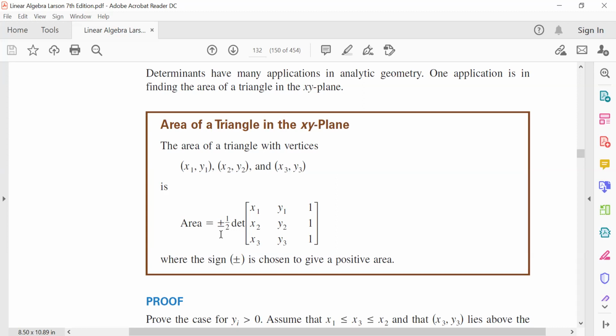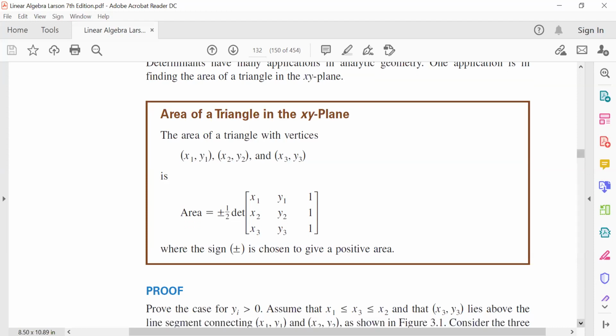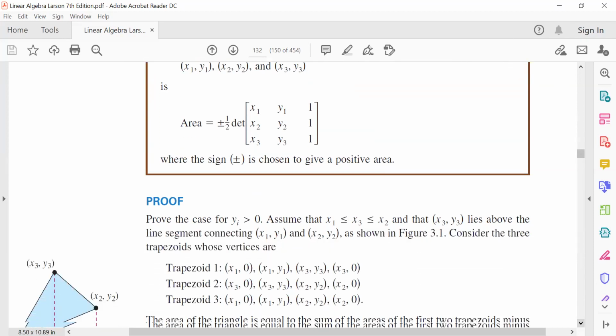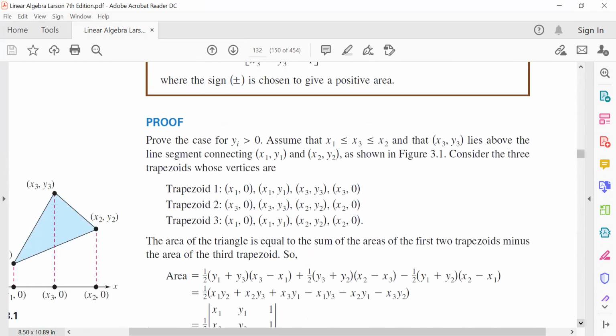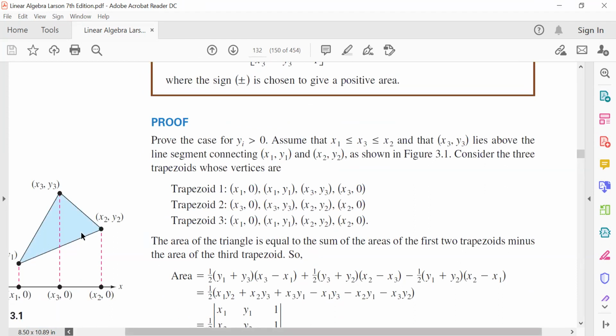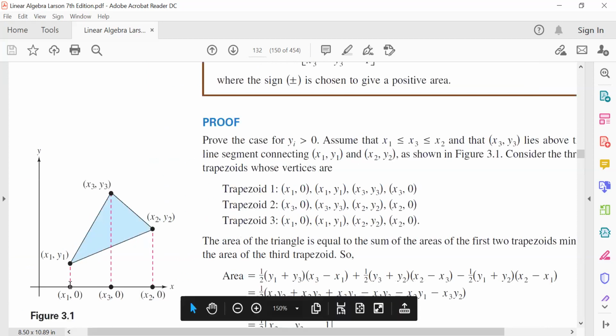Now, I'm not going to go through the whole proof in painstaking format. I'll just show you the gist of it. So if you look here, there are 3 trapezoids. Well, there's more than 3, but here's 3 trapezoids. There's one trapezoid whose base is right here and goes all the way up here. So it's a tall, thin trapezoid.